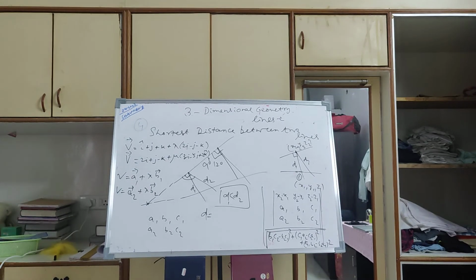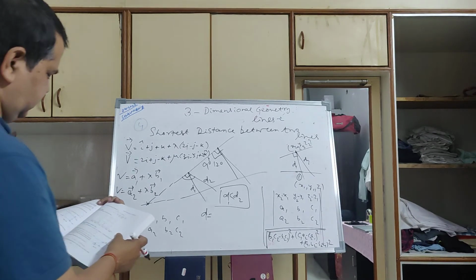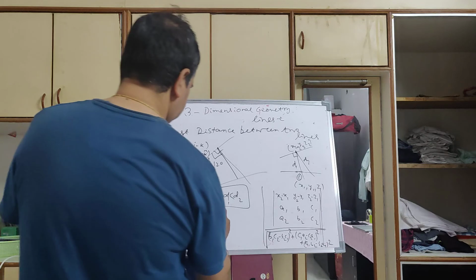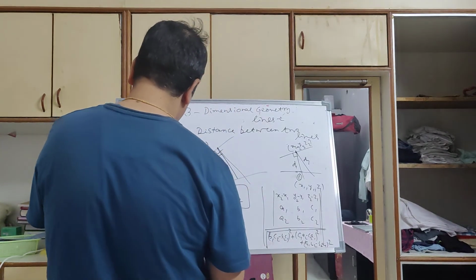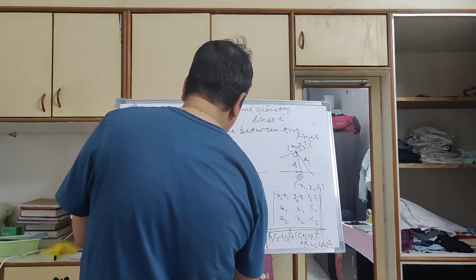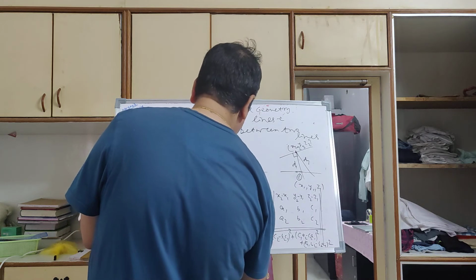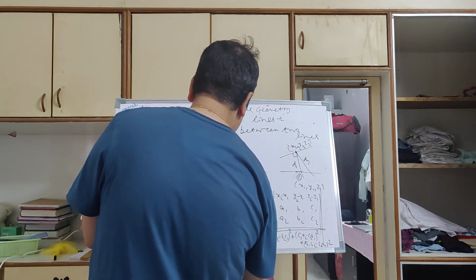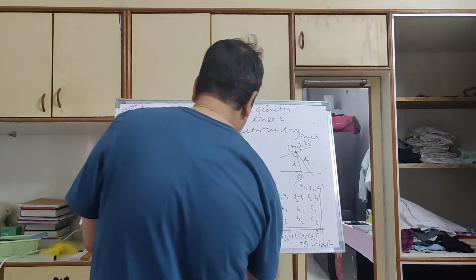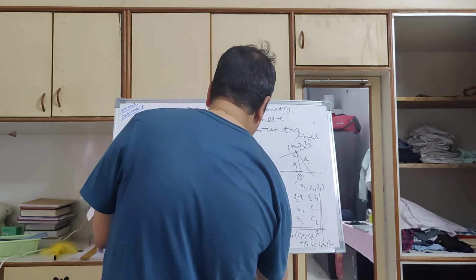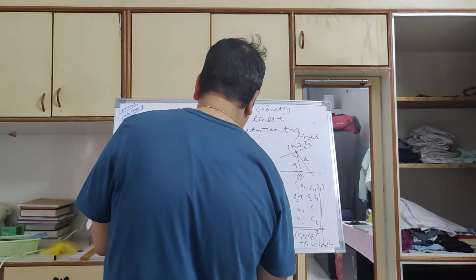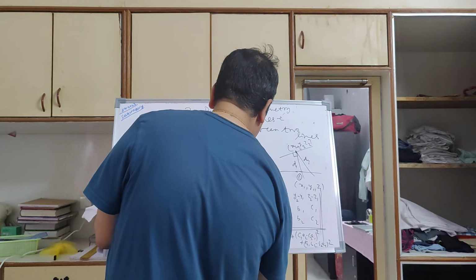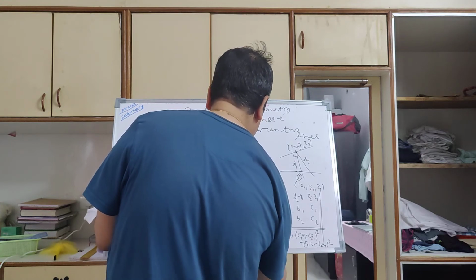So in that case, the distance is b1 vector cross b2 vector, the cross product, then dot a2 vector minus a1 vector.